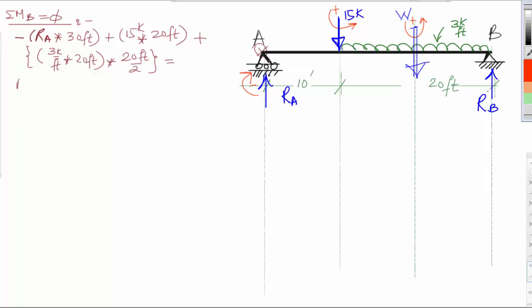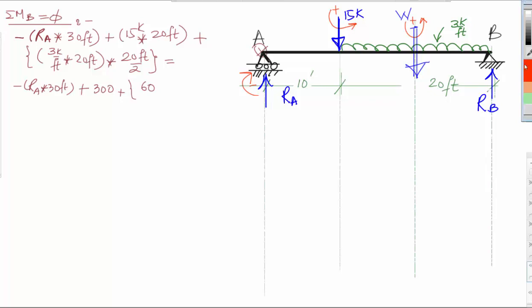So if you do the numbers, we'll get RA. Minus RA multiplied by 30 feet, plus 300, plus the total force, which will be 60 kip.